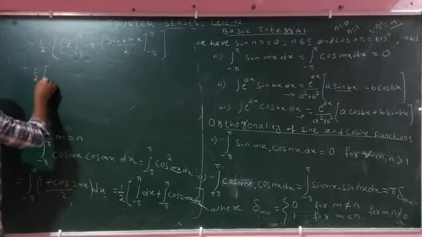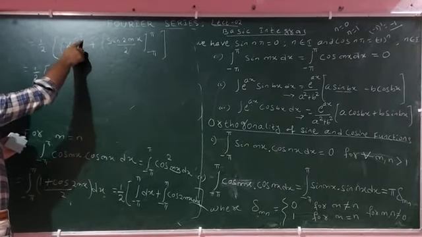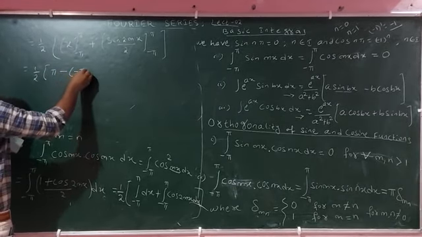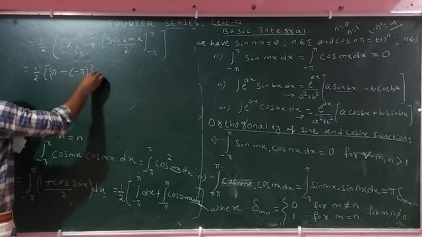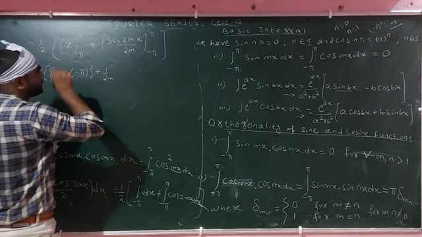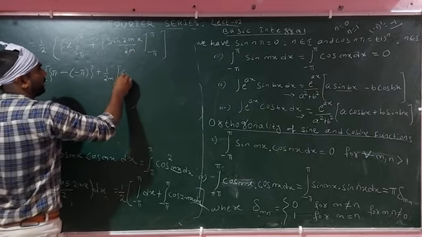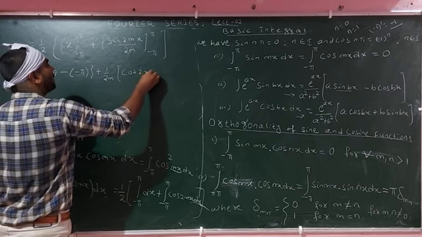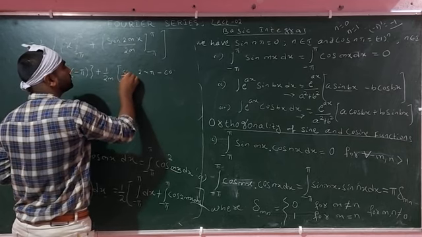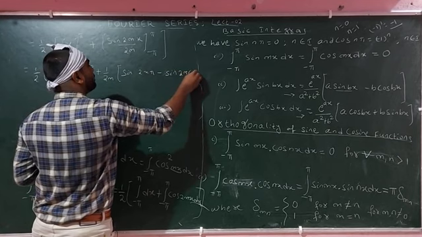Half, using the integration formula, in place of x we write upper limit minus lower limit. So pi minus the lower limit, which is minus pi, plus 1 by 2m, taking 1 by 2m outside, we have sine 2mx. In place of x we put upper limit minus lower limit, so sine 2m pi minus sine 2m(minus pi).